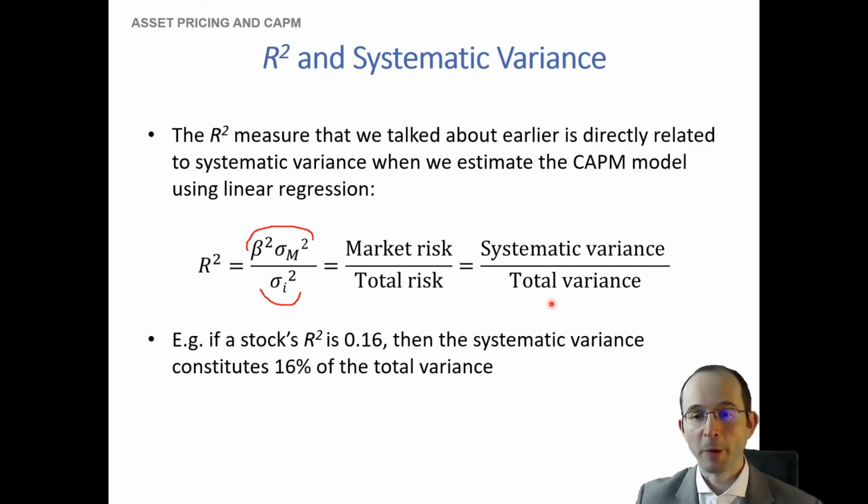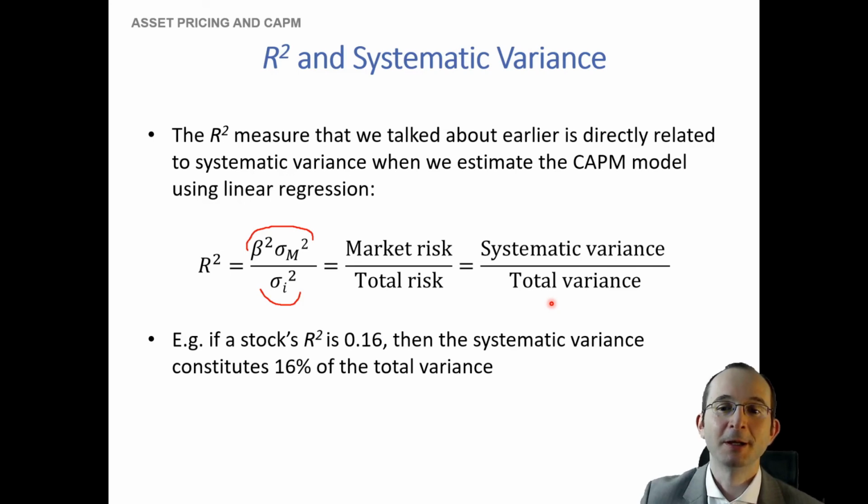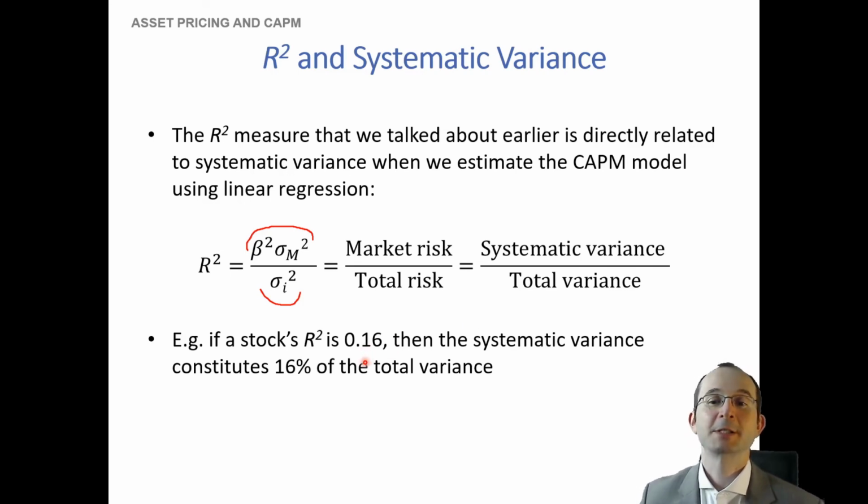So if we ran a regression model on the market portfolio and we got an R squared for a particular risky asset of 0.16, it means that systematic variance or market risk is essentially 16% of the total risk of this asset, and the remainder, a whopping 84%, must then be firm-specific.